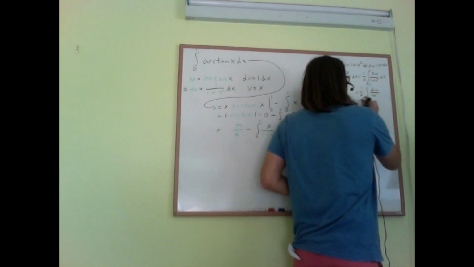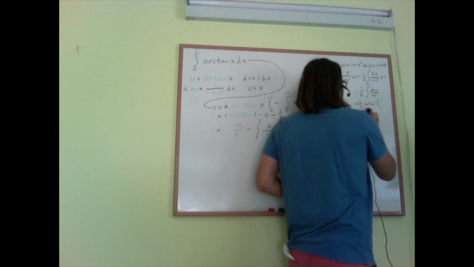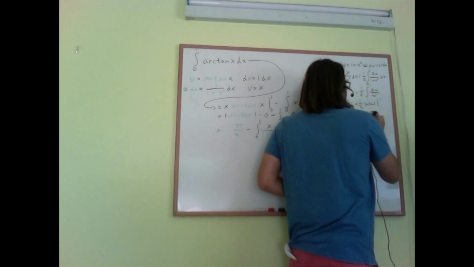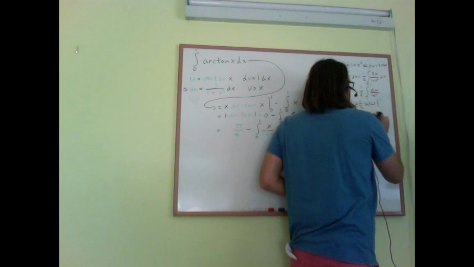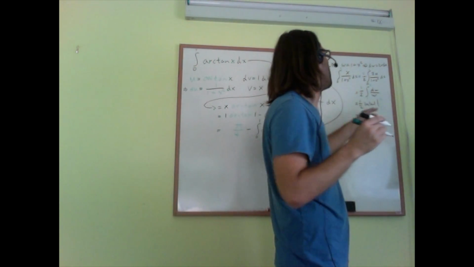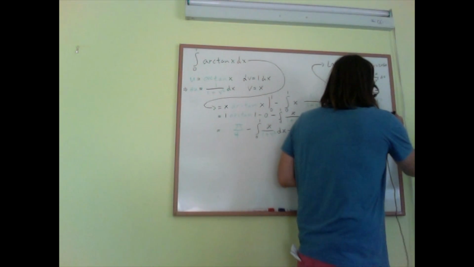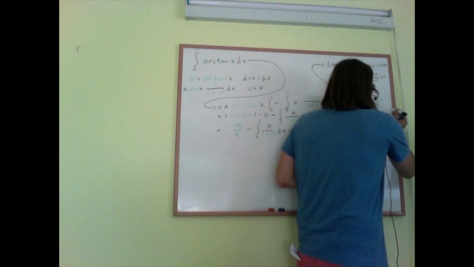So this becomes 1/2 ln of the absolute value of w from 1 to 2, which is 1/2 ln of the absolute value of 2 minus 1/2 ln of the absolute value of 1.